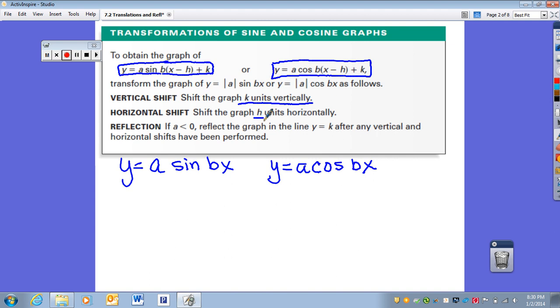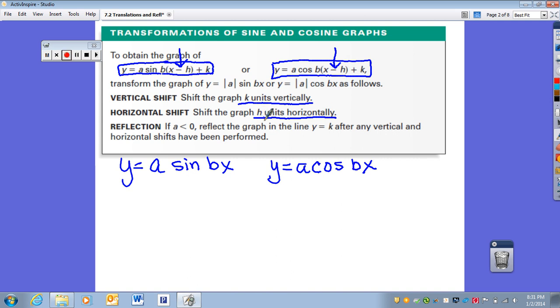Then the h is what's going to shift our graph horizontally. And the format is minus h. That's actually our form. So if this said minus 2, that means the h would actually be a positive 2 and shift it horizontally 2 units to the right.